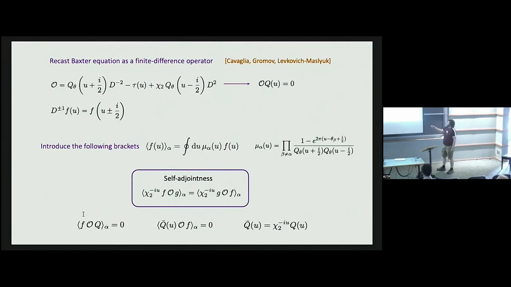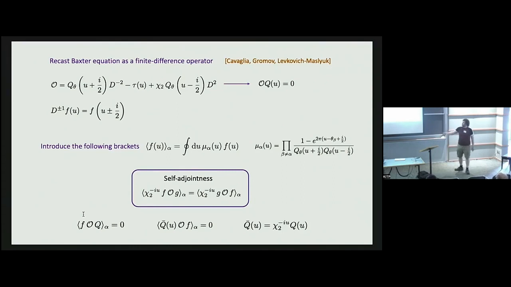So this measure has poles related to the inhomogeneities plus or minus i over 2. Okay? And with this extra factor here, which is some periodic function. The purpose of this factor is that this mu alpha is designed in such a way that it only has poles related to theta alpha. Okay? Because this factor here is going to kill all the poles related to the other inhomogeneities.